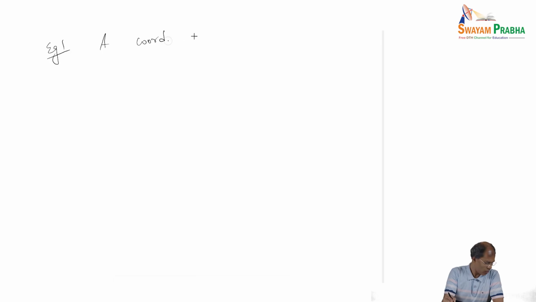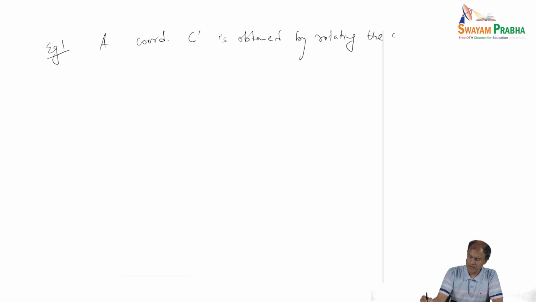The example that I have is, the problem says a coordinate C' is obtained by rotating the coordinate C through an angle of 30 degrees about OX1.